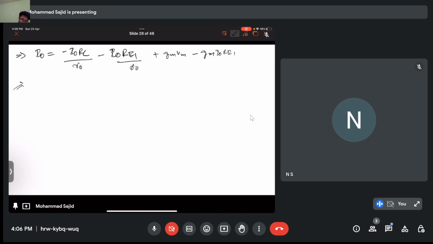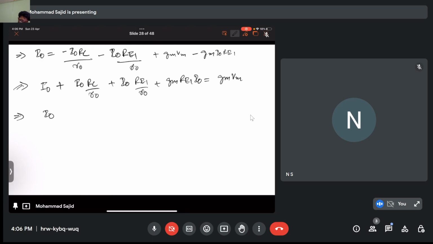Now it's simple manipulation of the variables from LHS to RHS. Let's take I naught on LHS: I naught plus I naught RC by R naught plus I naught RE1 by R naught plus GM RE1 I naught equivalent to GM V in.